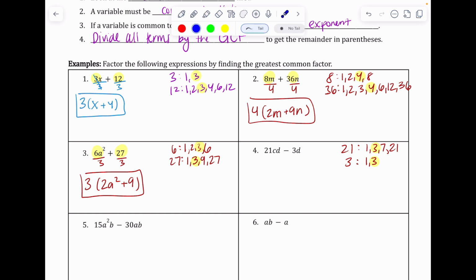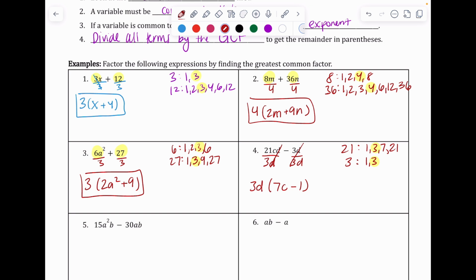But now if you look here, I have C, D, and I have D. So what do they both have in common? D. So I can factor out 3D. When I factor out 3D, I'm left with, okay, well, what's 21 divided by 3? That's going to leave me with 7C because the D's cancel out. Minus 3D divided by 3D just gives me 1.